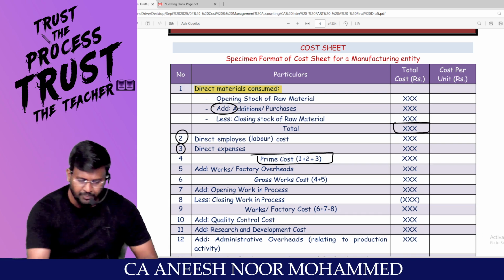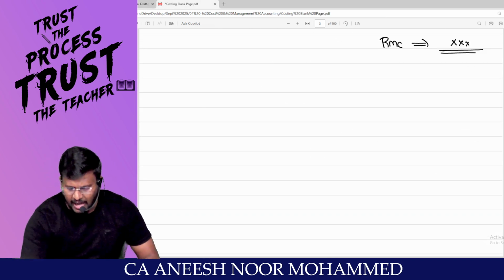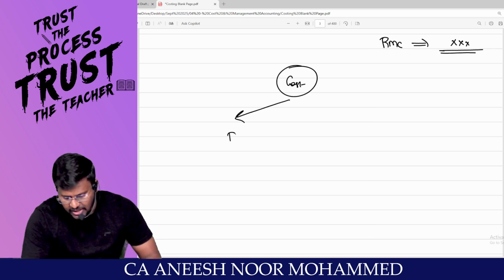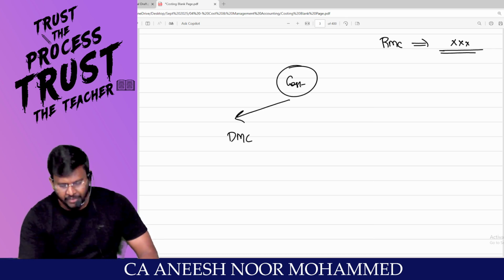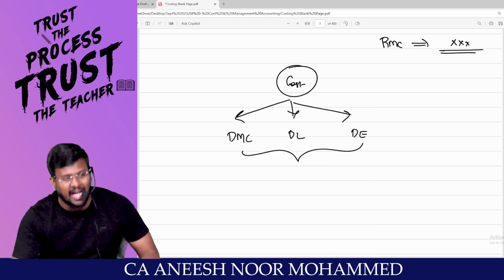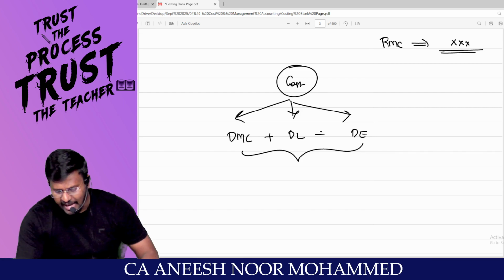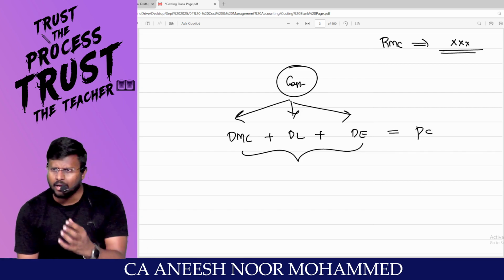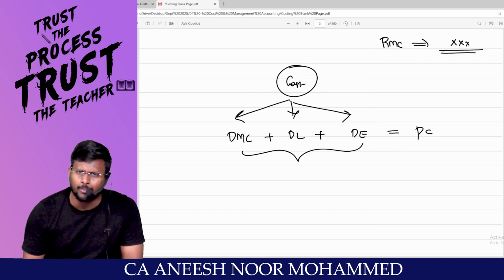So I am going to prepare the cost sheet: first direct material, direct labor and direct expenses. If I add all the 3, the answer I get is the prime cost.